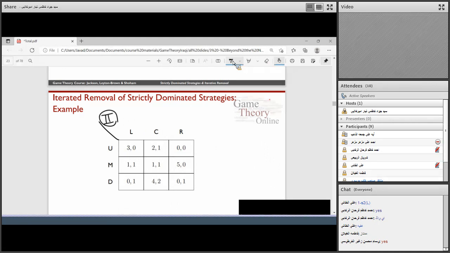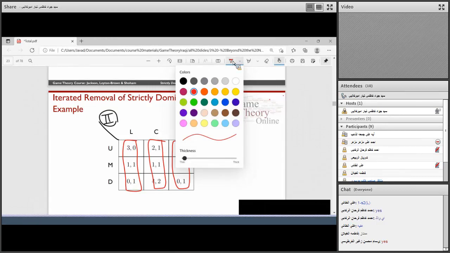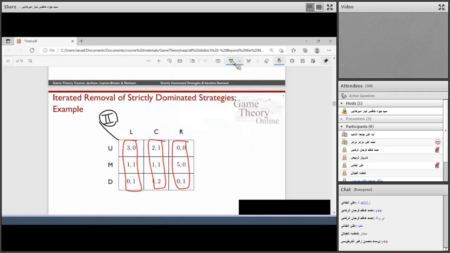Player 2 now. We need to compare column-wise. And then we also need to compare the second one, which is the payoff for player 2.